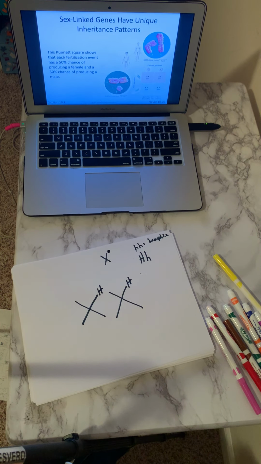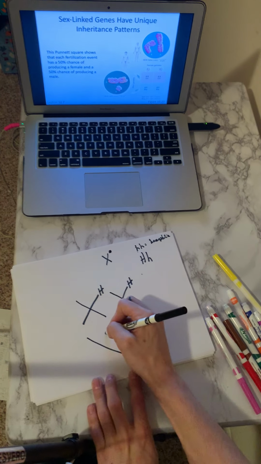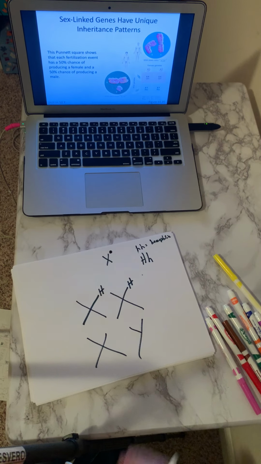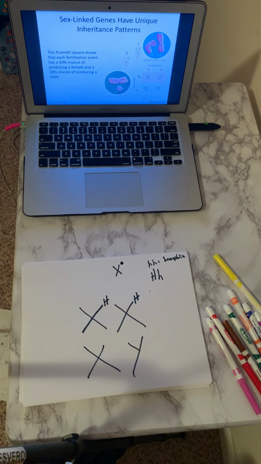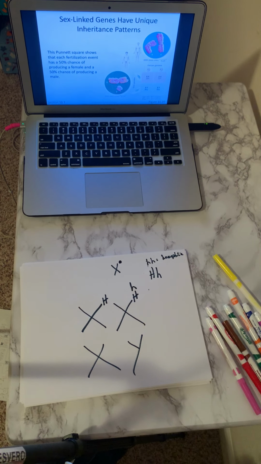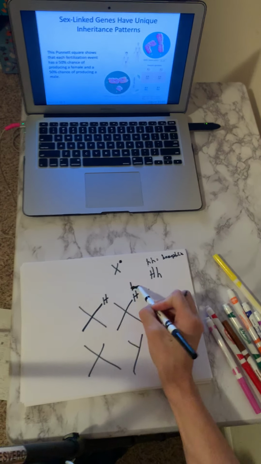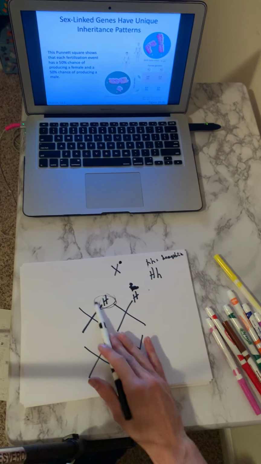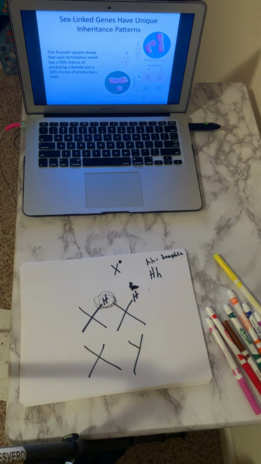Now in males, on the other hand, unfortunately how it works is this. Males have 1 X chromosome and a Y. So in females, if you have a defective H, a lowercase h, if you end up with a recessive gene for hemophilia, it's ignored because you have 1 dominant gene in your other X chromosome to overpower it, to give you a fully functioning version of the gene to give you your blood clotting ability.